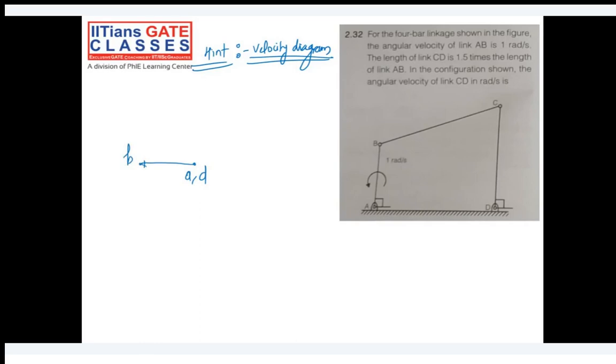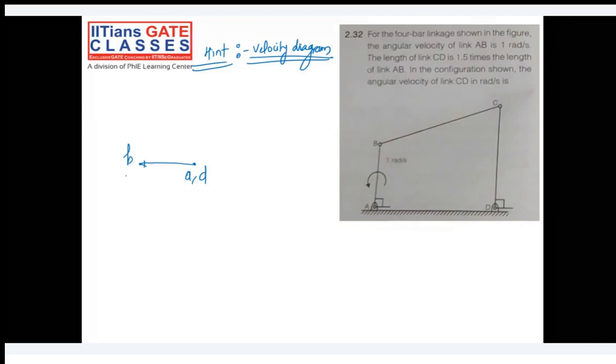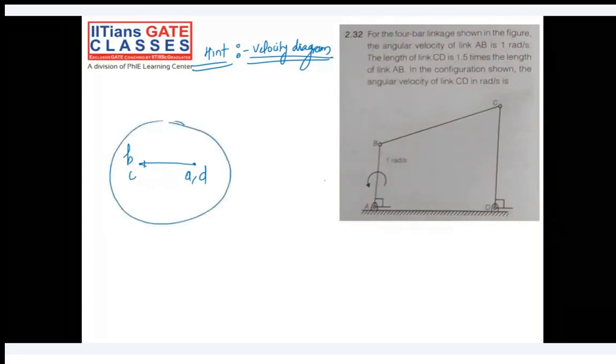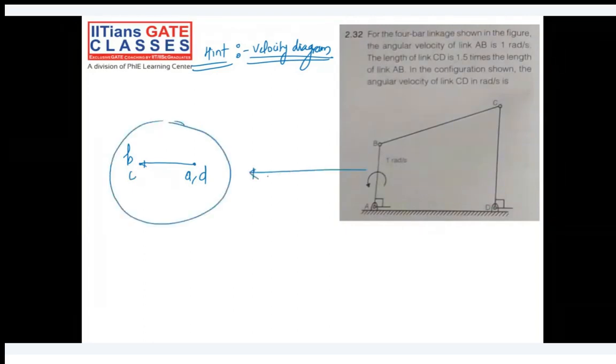So again, it's horizontal, and the velocity of BC will be perpendicular to it. So it's possible when points B and C are here. Is it a correct velocity diagram for this?